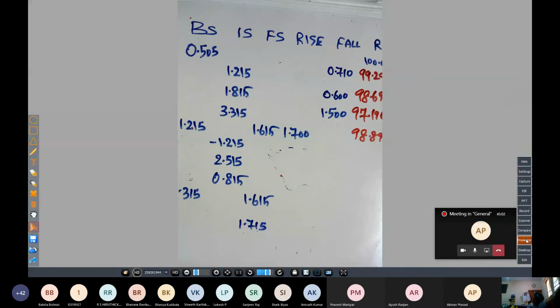On the screen minus is not seen. 1.215 plus 1.215, how much is that? Go by your judgment and tell me. The previous reading minus next reading.